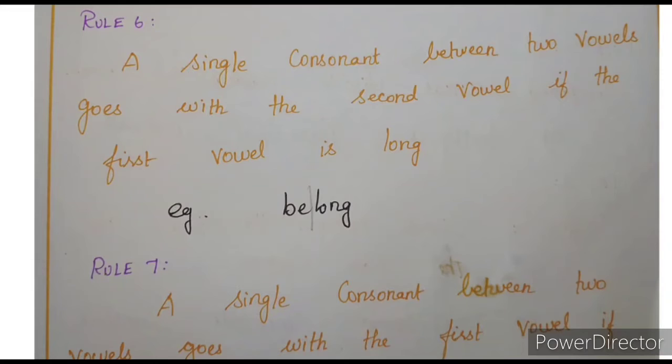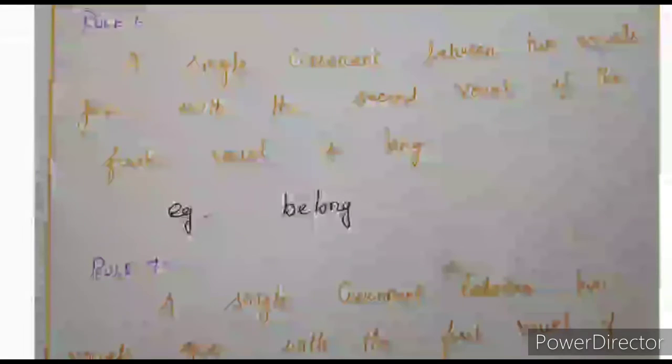Why? Because E is the long sound vowel, be-long. So I will not pronounce it as bel-ong. So B will go one side, and L will go with the second vowel. Why? Because the first vowel is long.